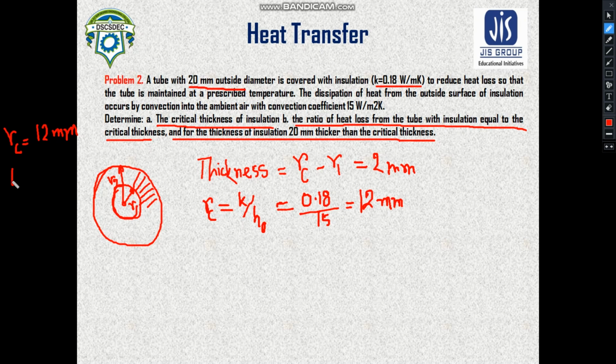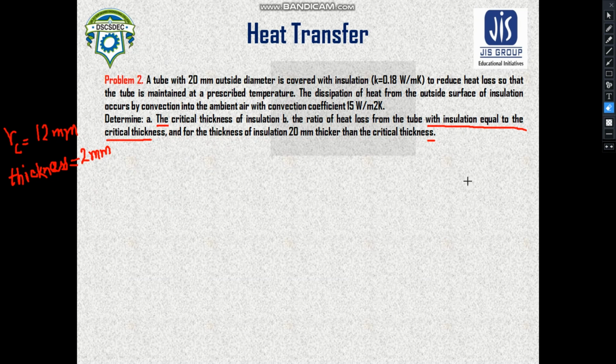And let us take this thickness. Okay, I know I have a very bad handwriting, but please read it. These are the fundamental questions which needed to be answered, and then only we can move on to the second step of the problem.